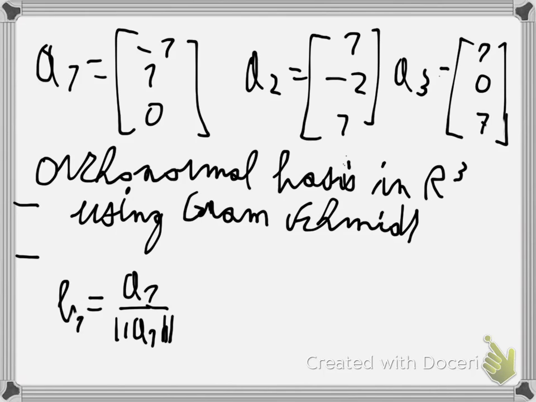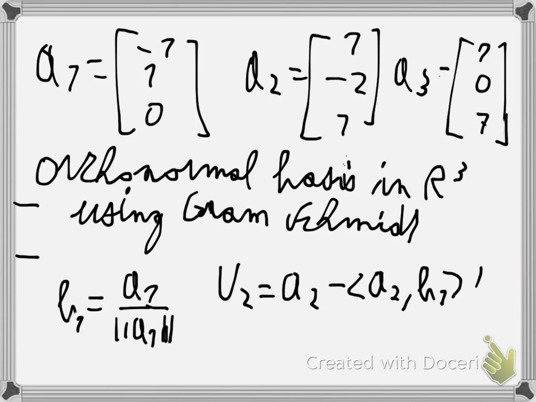Then, to find your second basis, you will find some vector, let's call it U2, which will be given by A2 minus the dot product of A2 and B1 times B1.